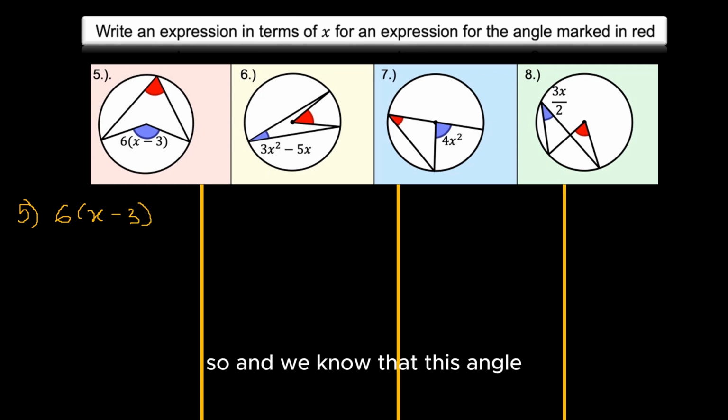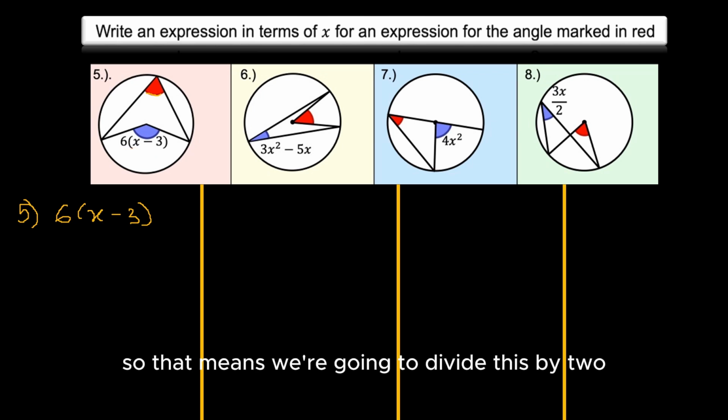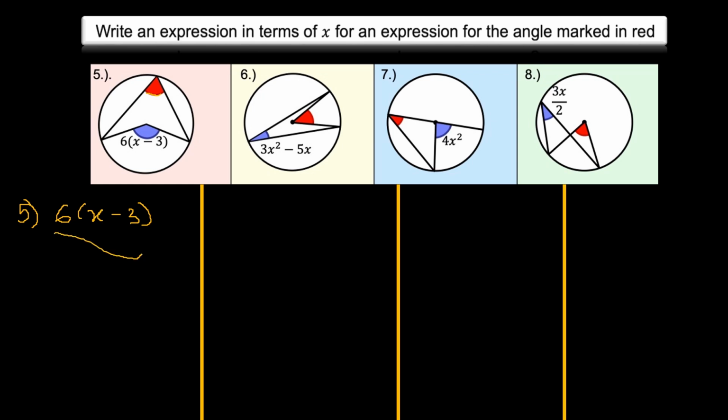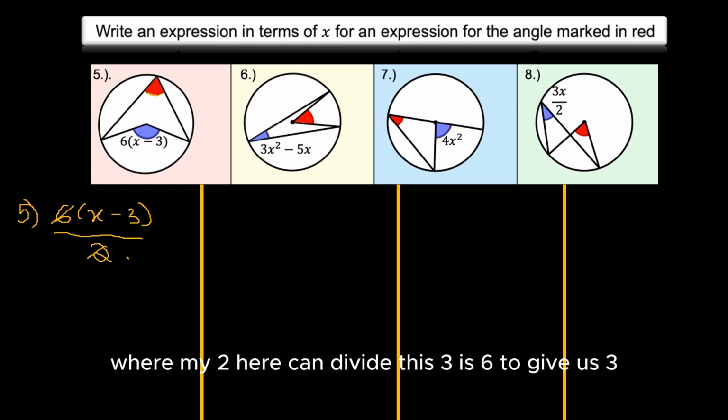We know that this angle here is half of this. So that means we're going to divide this by 2, where my 2 here can divide this 6 to give us 3.